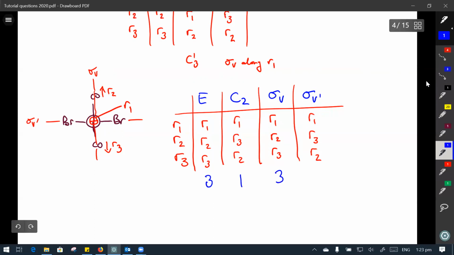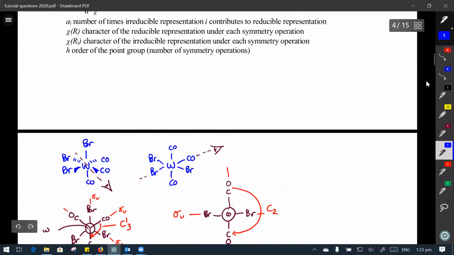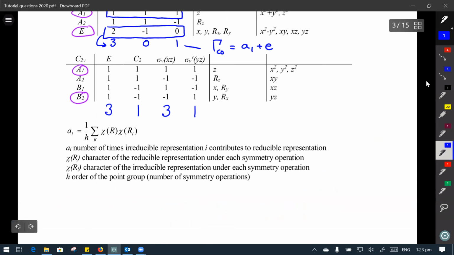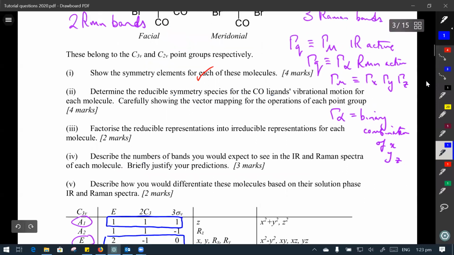So if we scootle back up to the character table, we've got 3, 1, 3, 1. And what we've actually got, I do apologize, I got the axes different from how I had them previously. I've put the sigma XZ and sigma YZ, I've got the two of them mixed up.